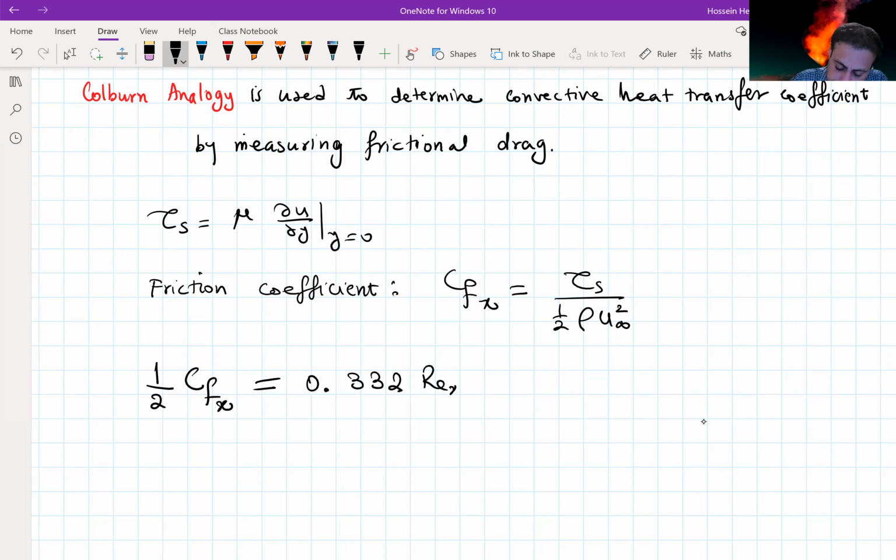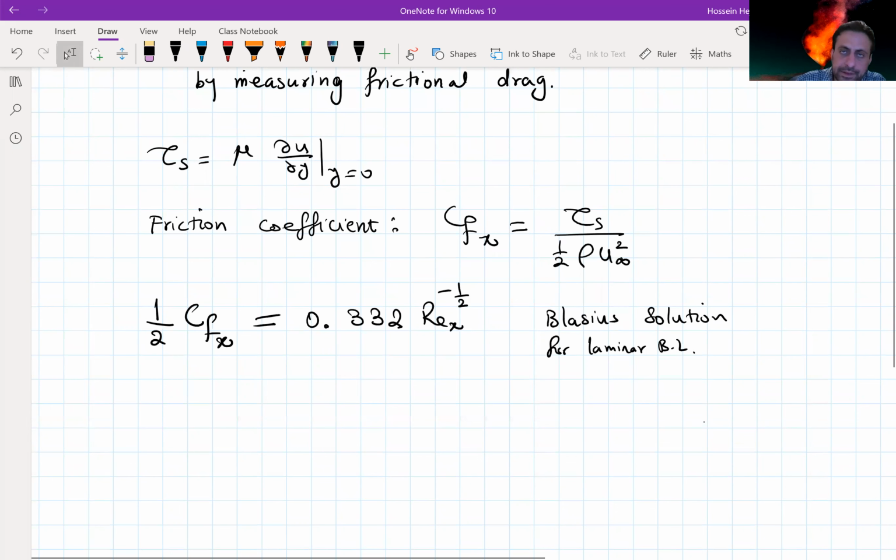0.332 Reynolds of x to the power of -1/2, and this is Blasius's solution for laminar boundary layer.